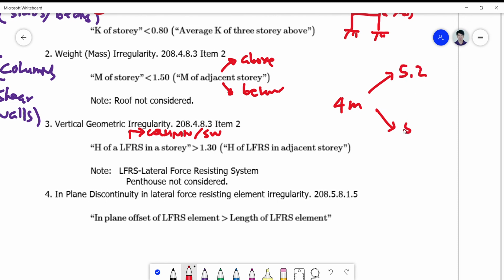Okay, if I exceed this, can I exceed this value? Yes, you can, but you have to tag it as a vertical geometric irregularity.